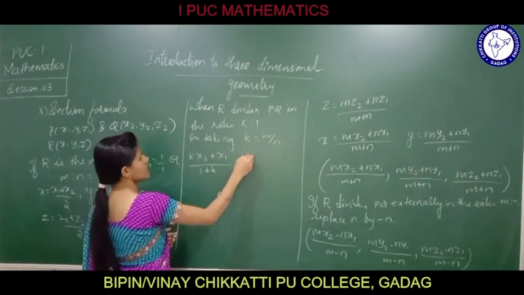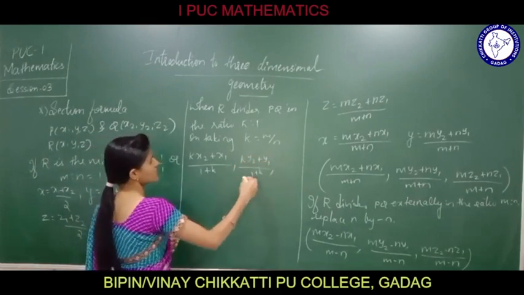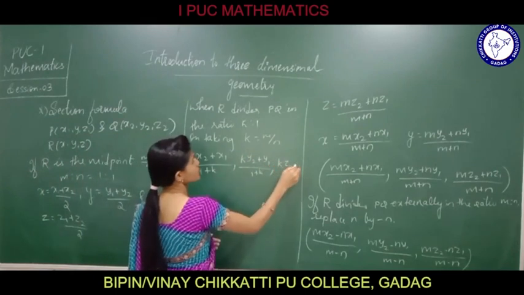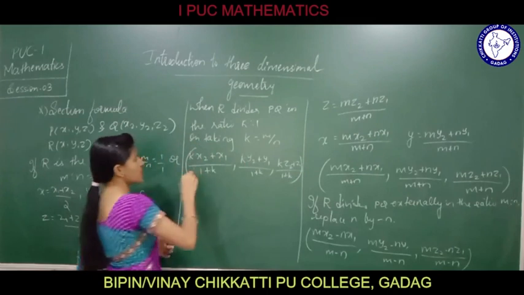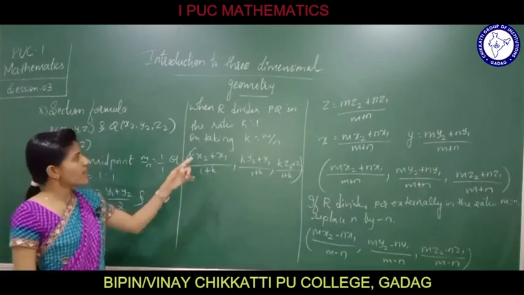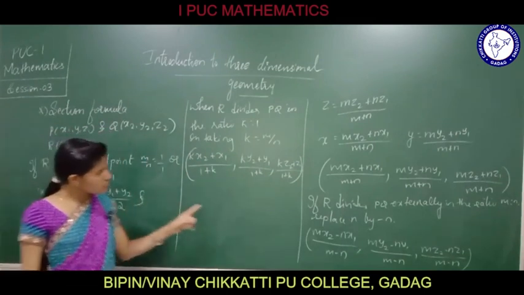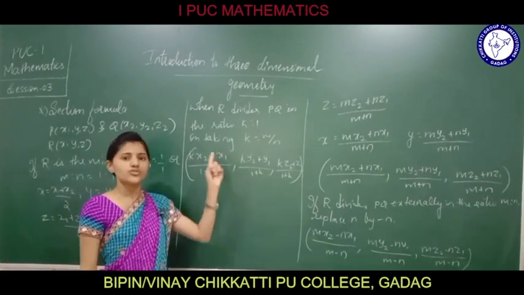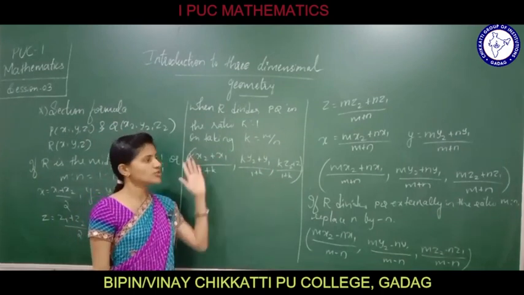Again, k into y2 plus y1 divided by 1 plus k, and k into z2 plus z1 divided by 1 plus k. These are going to be the coordinates when the point R divides PQ in the ratio k is to 1. We are going to use it for the purpose of solving problems.